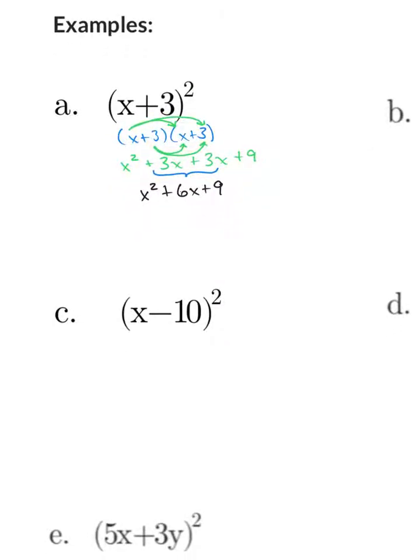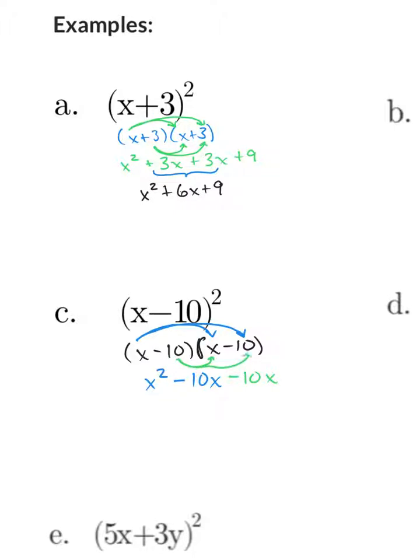Now we want to look at some binomials where we have a minus sign and see how it changes things. If we look at example C, again I'm going to write this in expanded form: x minus 10 times x minus 10. Multiplying our firsts, x times x is x squared. Outsides, x times negative 10 is minus 10x. Insides, minus 10 times x is minus 10x.